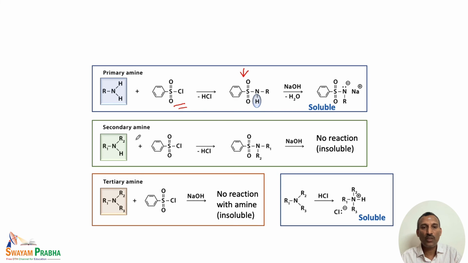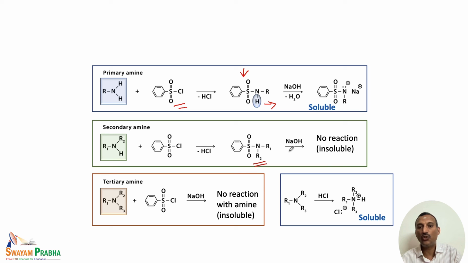And when we use a secondary amine, we simply end up with a sulfonamide, but here we do not have an acidic hydrogen. In the previous case we have an acidic hydrogen which is responsible for it being soluble in sodium hydroxide. Here in this particular sulfonamide we do not have any acidic hydrogen on the nitrogen.